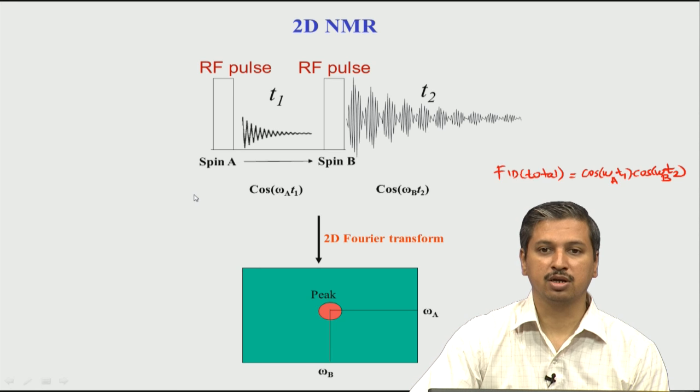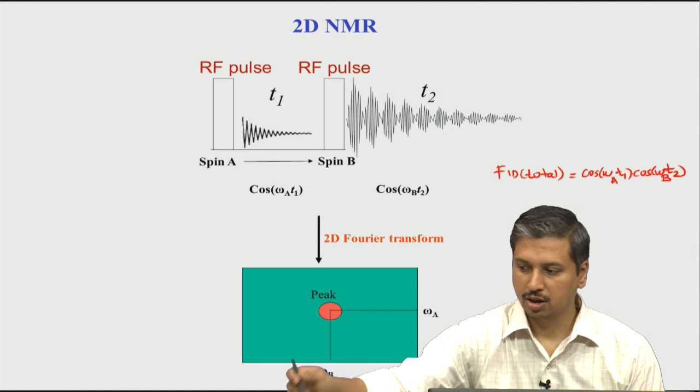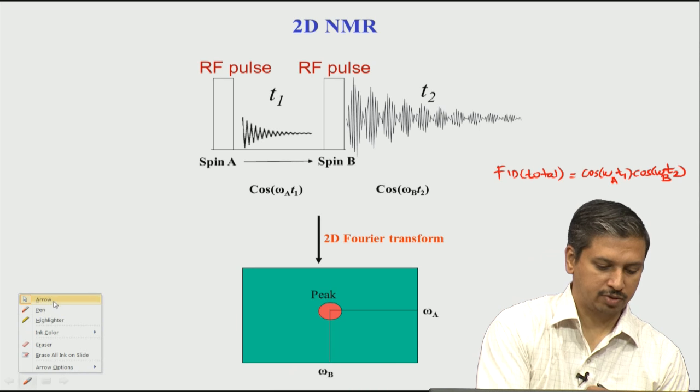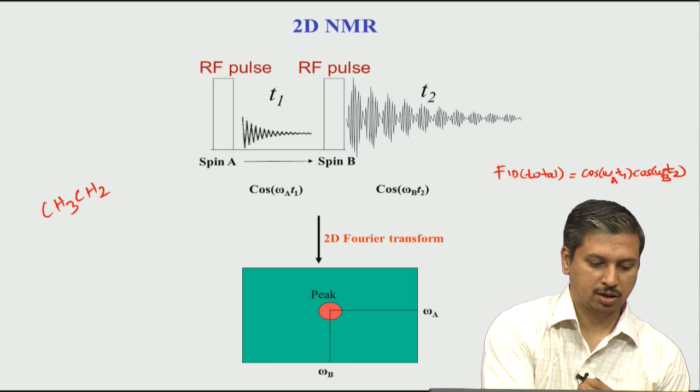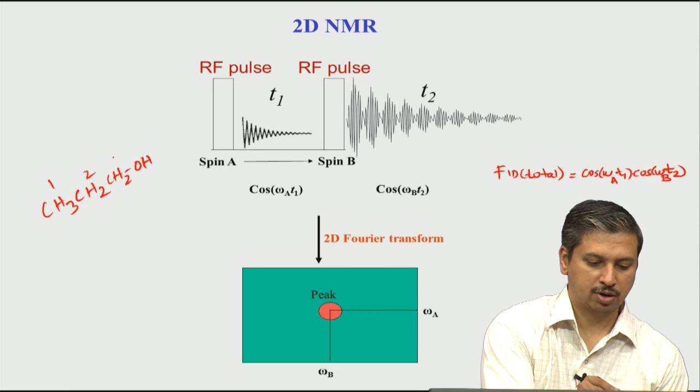So, for example, consider this molecule propanol, CH3 CH2 CH2 OH. Let me draw this to give you an idea. We looked at ethanol all the while, let me now consider the molecule propanol. Here we have 3 protons, 1, 2 and 3.